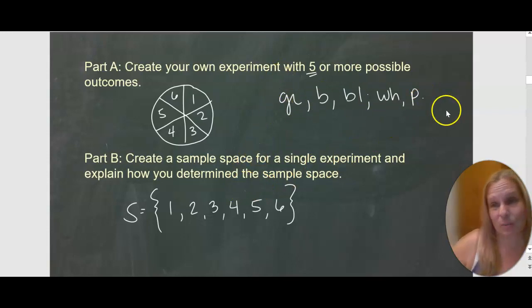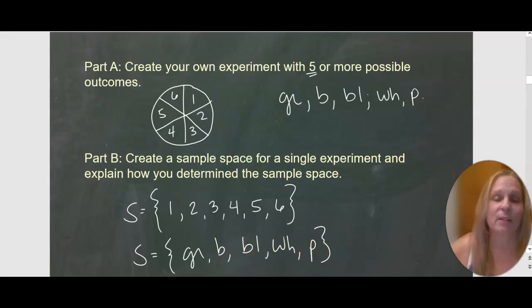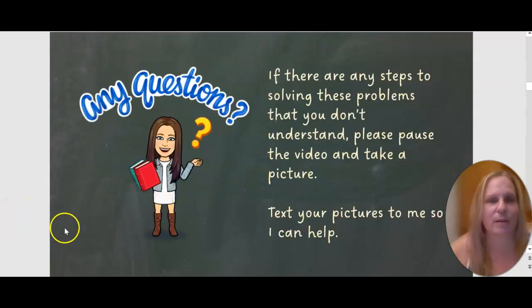Then my sample space would be green, blue, black, white, purple. Right? So just remember that sample space is just listing all the possible outcomes that you could have in your experiment. All right.